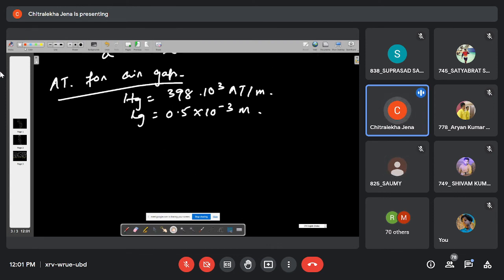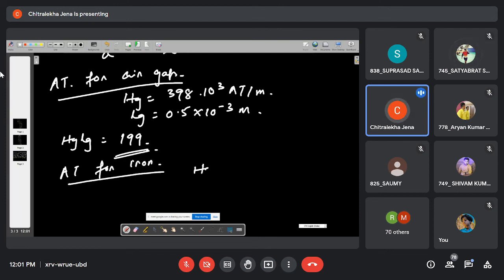So Hg into Lg will be equal to 199. Are you getting it or not? Yes, ma'am. Now the ampere turns for iron.